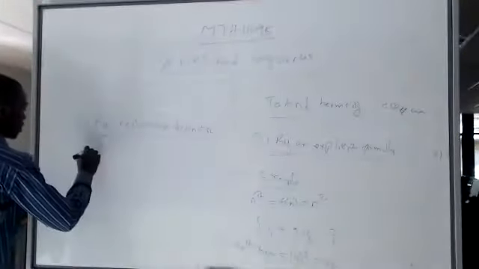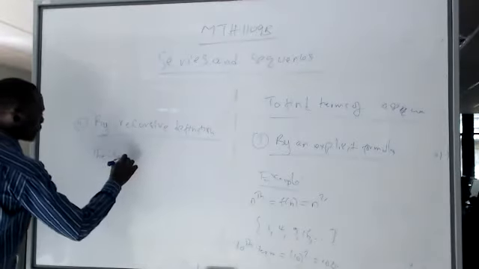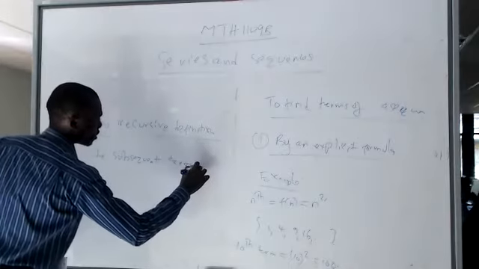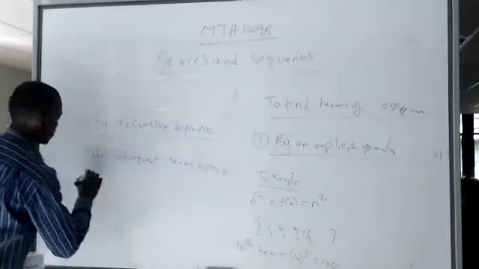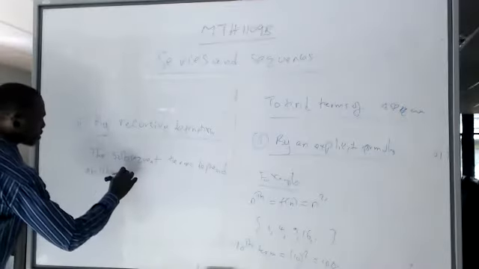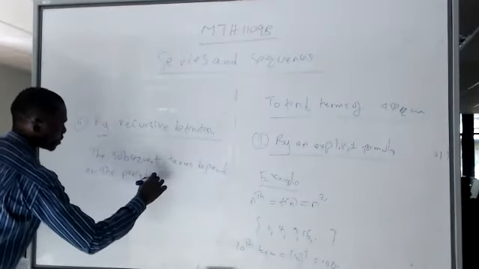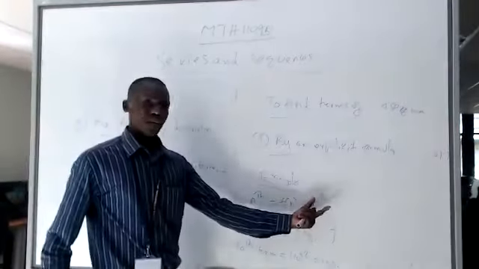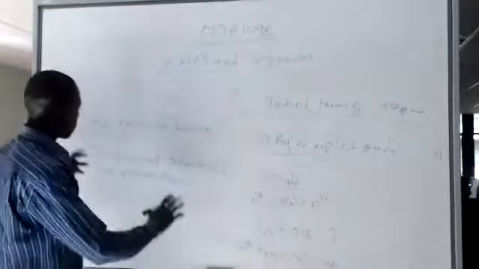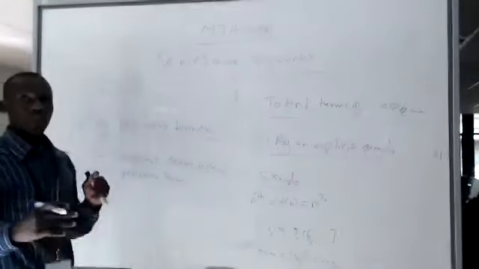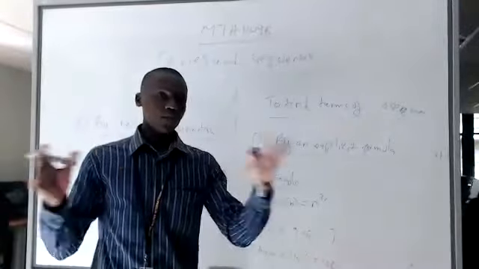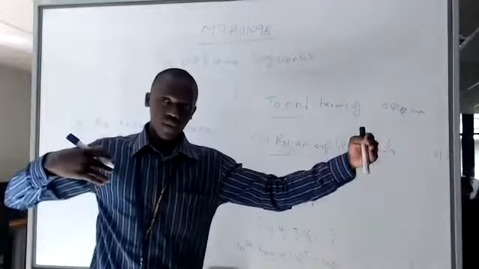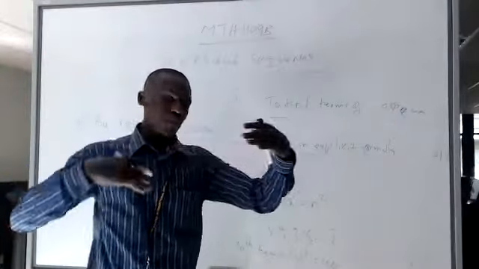So this means the subsequent terms depend on the preceding terms. So unlike the explicit side where I just need the formula and then I can get any term that I want, for the recursive definition, if I give you, let's say, 2 terms in the sequence, for you to find the 10th term, you must find the first 9 because each subsequent term depends on the preceding ones.